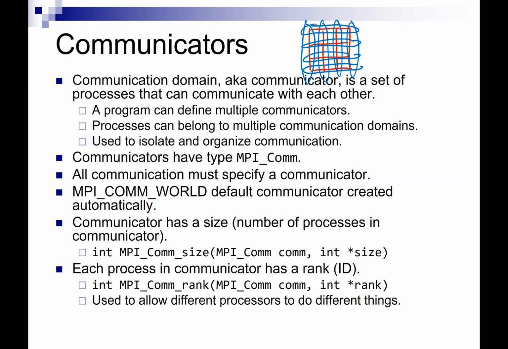If your communicator has 100 processes, then your rank is going to be a number from 0 to 99. The reason the rank is useful is because it lets you differentiate between different processes, so that different processes can do different things. Even though everybody's running the same program, they do different things based on their rank.